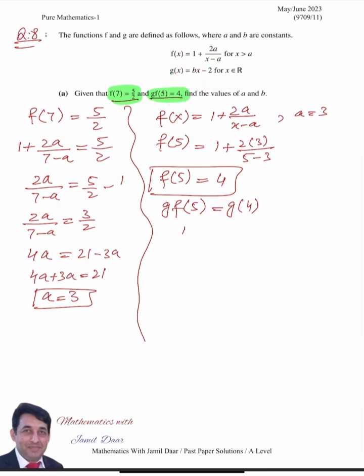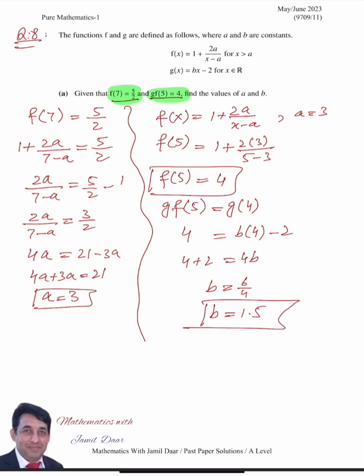So 4 is equal to g of 4, which is b times 4 minus 2. So 4 plus 2 is equal to 4b, and b is equal to 6 by 4, b is equal to 3 by 2, that's 1.5. So here is your value of a and b.